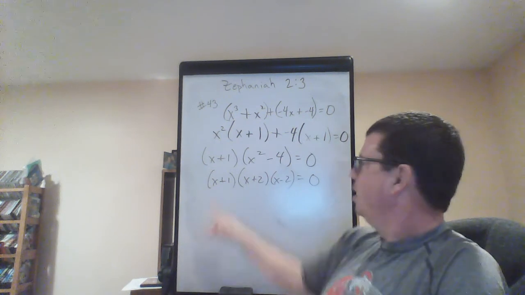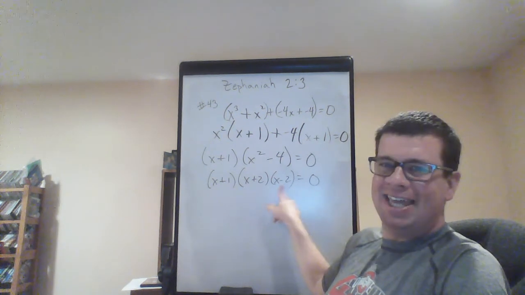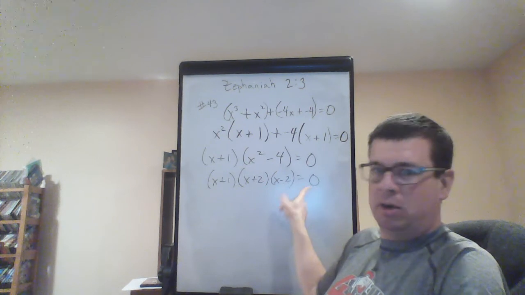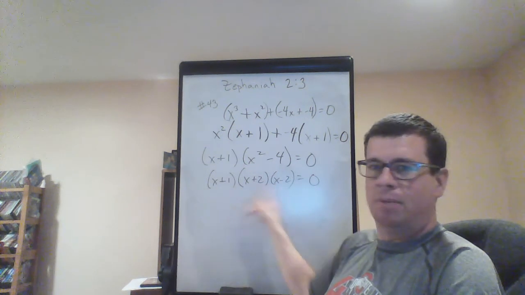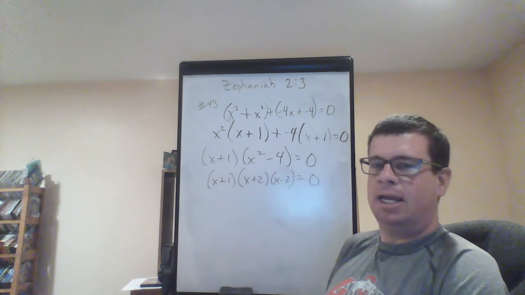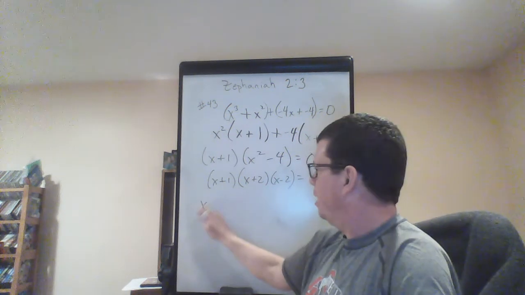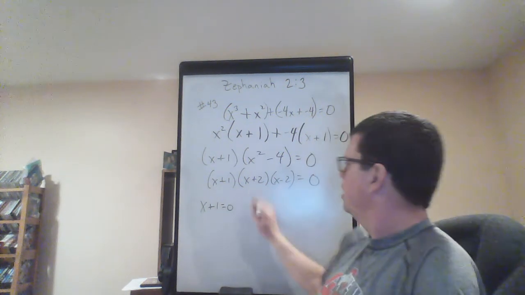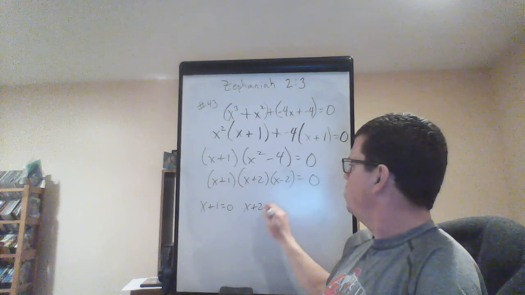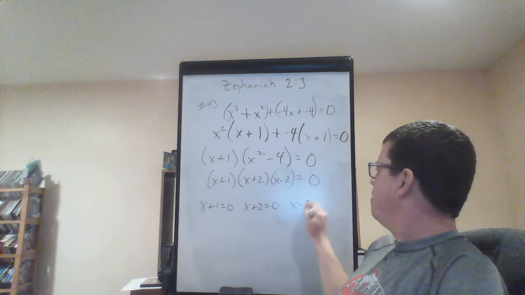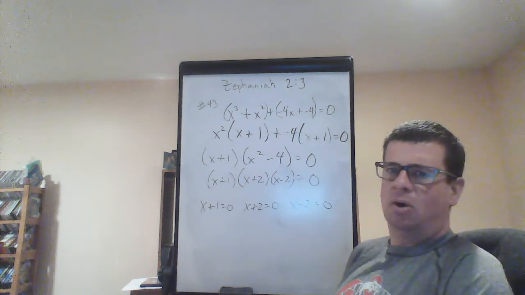I've got it factored completely now, and I'm multiplying 3 things and getting 0. I don't care how many things you're multiplying. If you're multiplying any number of things and getting 0 as an answer, one of those things has to be 0. So either x plus 1 has to be 0, x plus 2 has to be 0, or x minus 2 has to be 0.